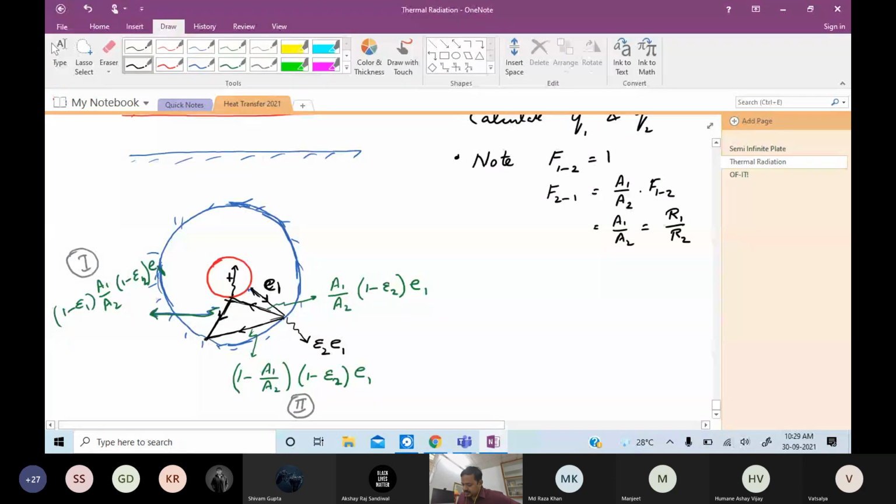And therefore, from here, what gets absorbed would be epsilon 2 times this 1 plus 2.